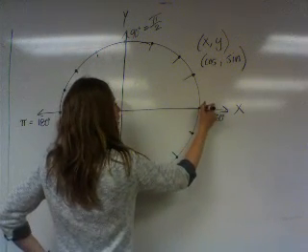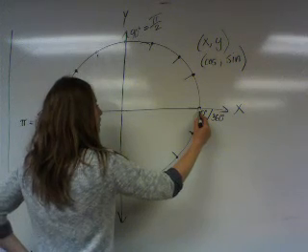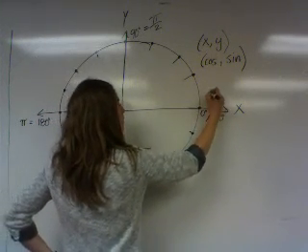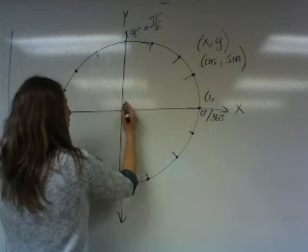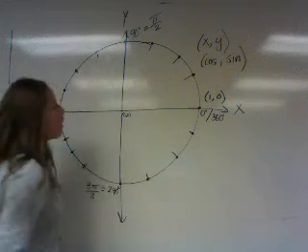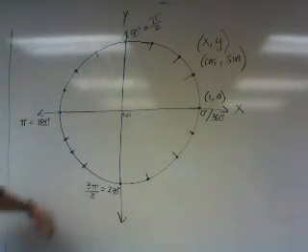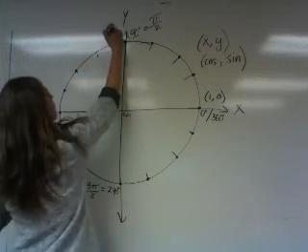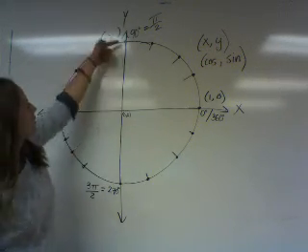So this coordinate point here, well, it's hitting the x-axis at 1, and it's hitting the y-axis at 0. So this is 0, 0. So we know that this point right here is 1, 0. So we can fill this point in. We know the y-axis, this is 1.